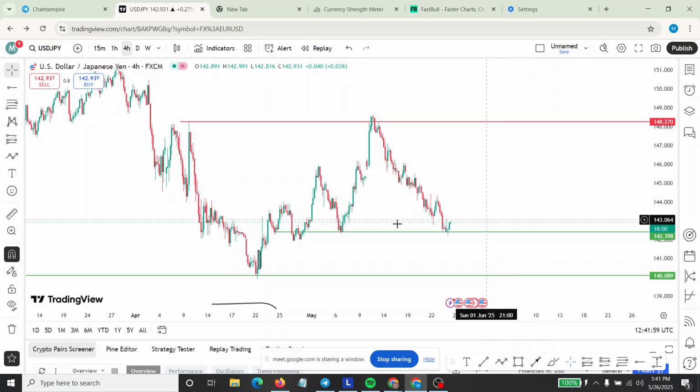Exactly. It is very, very simple, because we see that when there is a pullback from this place, we are seeing a buy. Sellers push it down back here, but this is where the buyers now push this price up to this place, but they fail to break through this minor resistance here.